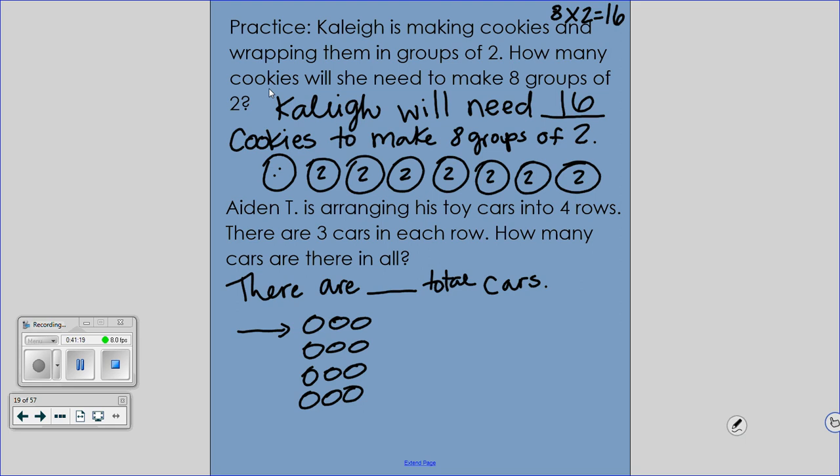What equation goes with that array? 4 times 3. Awesome. Keep going. You can skip count by 4s. If you don't know, we can chunk it. 2 times 3 and 2 times 3. 12.